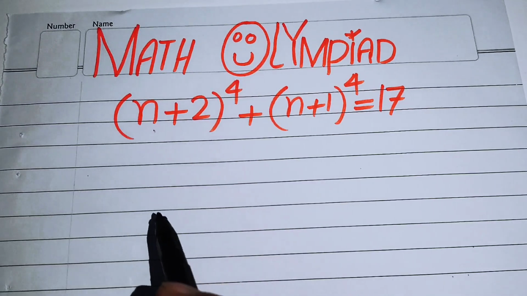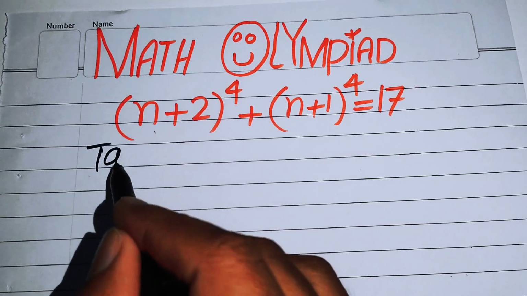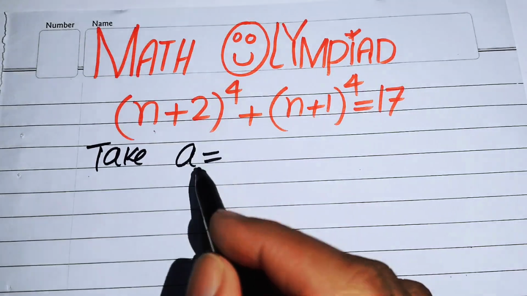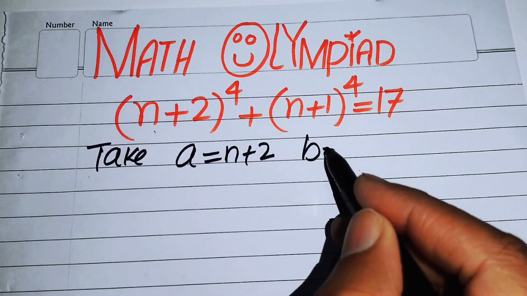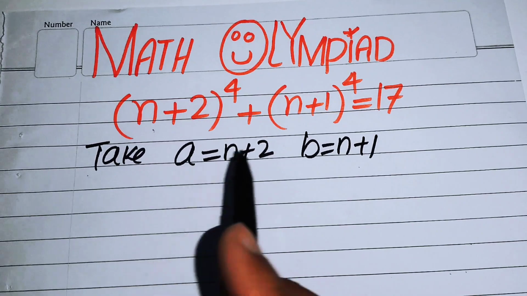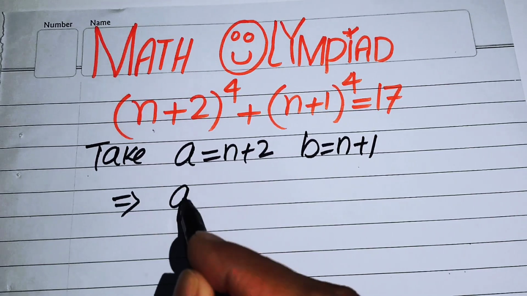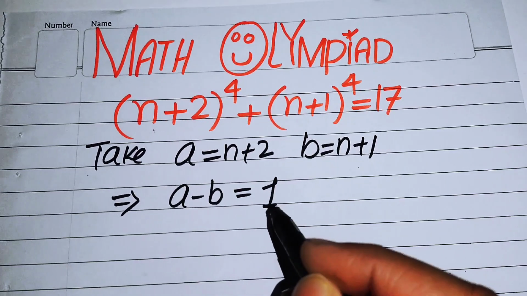So the very first step we are going to do is take n+2 equals a, and we take n+1 equals b, and when you subtract a and b, you will obtain a - b = 1.